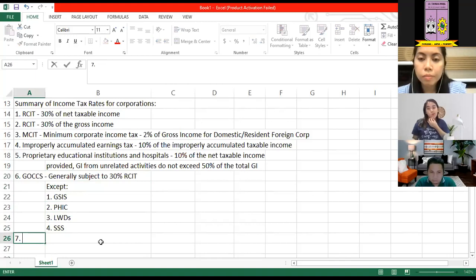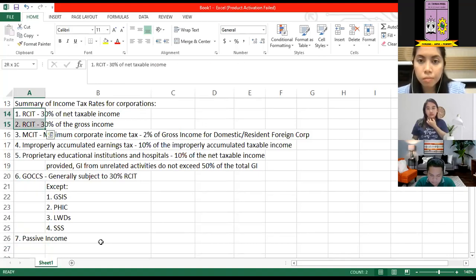Okay, yan yung mga preferential, no? Now, on passive income. Passive income. Alam niyo na, di ba, kung ano yung passive income. Ito, mga regular corporate income yan. Okay? Ito, passive income.